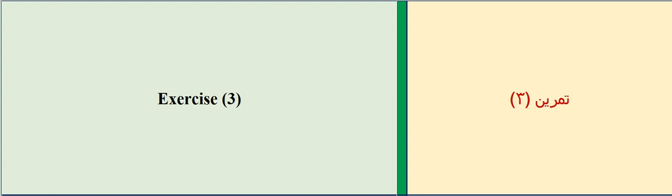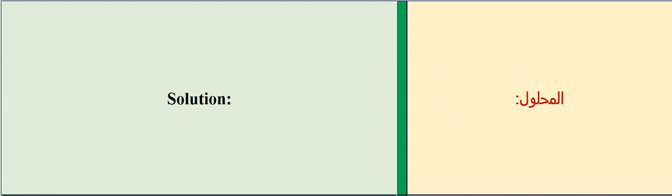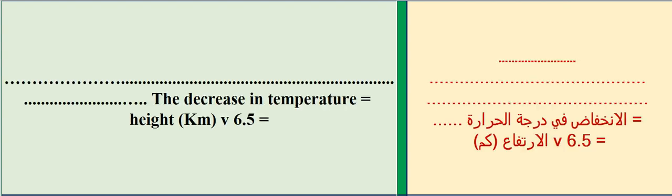Exercise 3. If the temperature at the base of Mount Everest is 20.6 C, how much is the temperature at its top if the mountain height is 8.86 km? Solution.